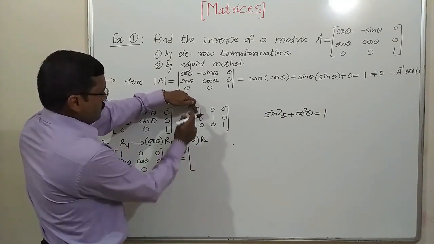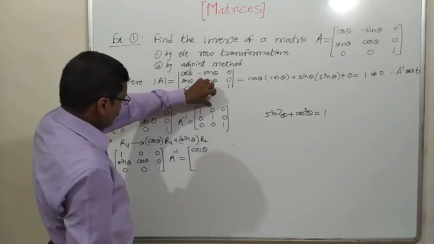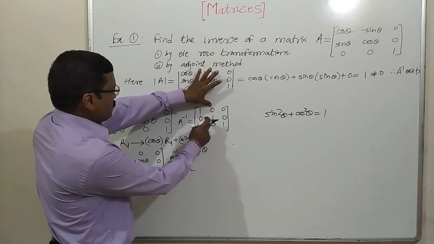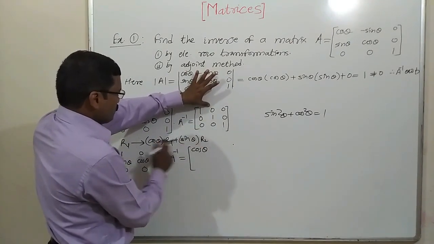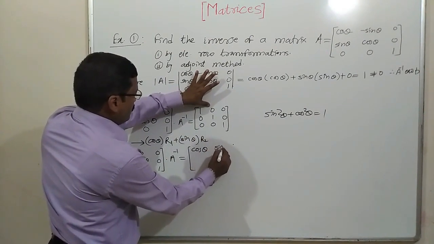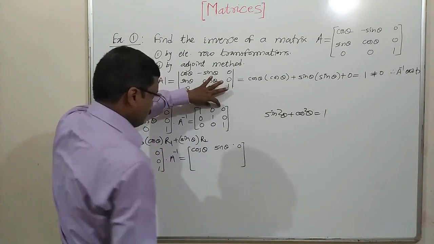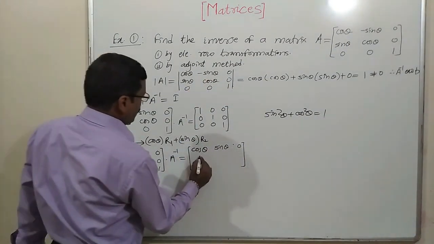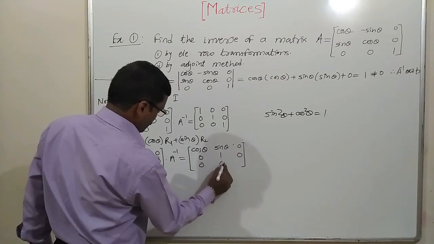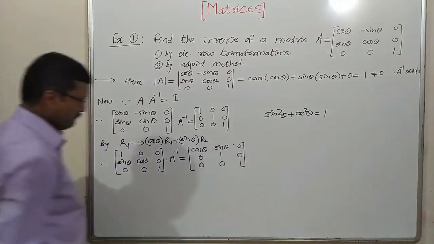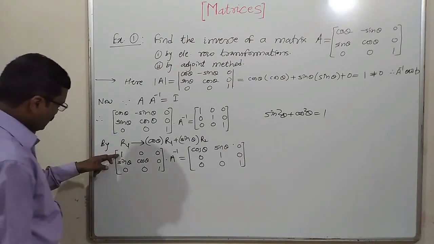So only cos theta into 1, that is cos theta. At the position of second row, we are multiplying second row by sin theta, so we get sin theta plus 0 into cos theta is 0. So that we get here sin theta. Here no change because both are zeros. Second and third row remain unchanged, 0, 1, 0, 0, 0, 1. Okay, is it clear? So that here we get 1.